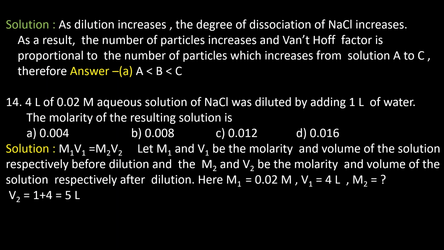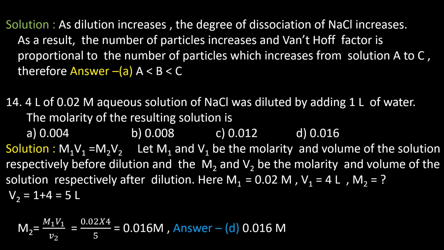So V1 equal to 4 L, and the molarity of solution M2 is required to be calculated for solution after dilution, and V2, the volume of solution after dilution, will be 5 liters, that is initially 4 liter, and we are adding 1 more liter, so that total volume will be 5 liter. So V2 equal to 5 liter.